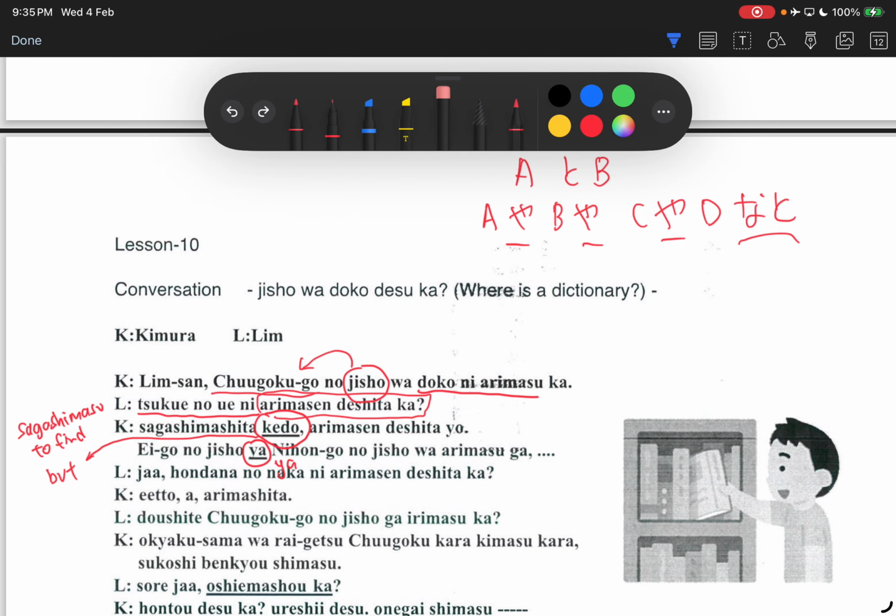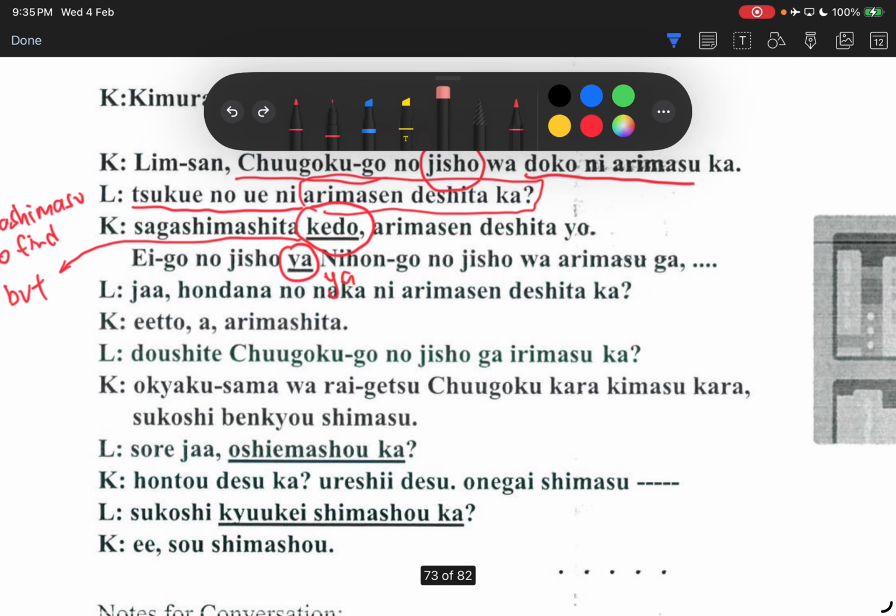So far so good? Yes. Okay. Then he replies, ja. So this ja is just a filler, right? It just means so then. So then, hondana no naka ni. So hondana means bookshelf, right? We split the word into hon and dana. Hon is book, dana is shelf. So hondana, bookshelf.